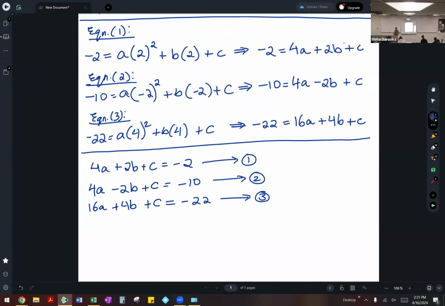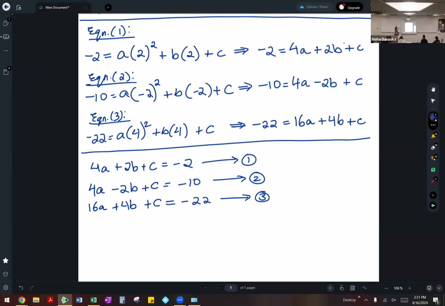So this is where we now have to choose, do I want to eliminate variable A, B, or C? And again, remember, you want to go for whichever one you think might be the easier one. So which one do you think might be easy to eliminate, A, B, or C? B, because you kind of have the built-in negative sign in there, right?